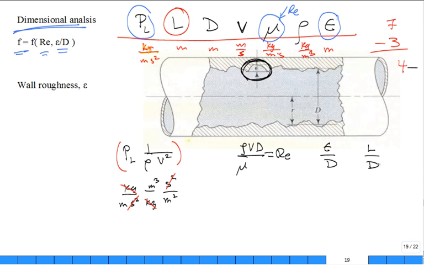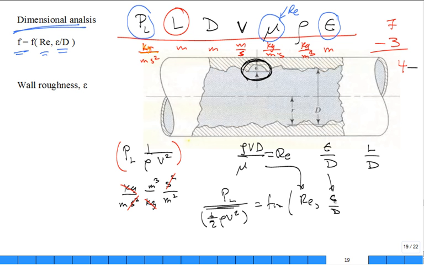Okay. So you could get that this parameter, P_L divided by rho V squared, put a 1/2 in front and make it look like our traditional dynamic pressure, is a function of the Reynolds number, the relative roughness, and the length.